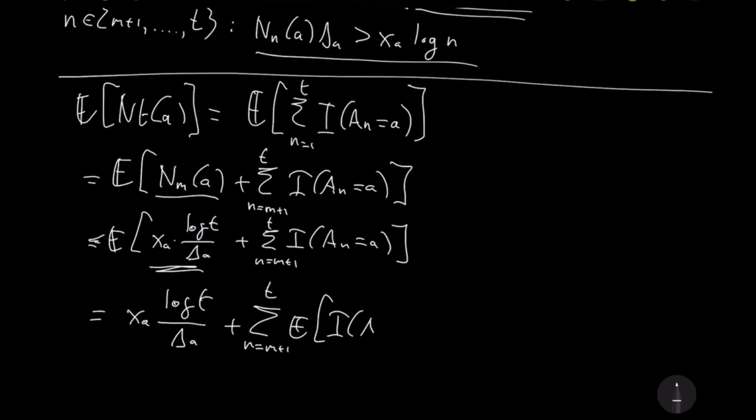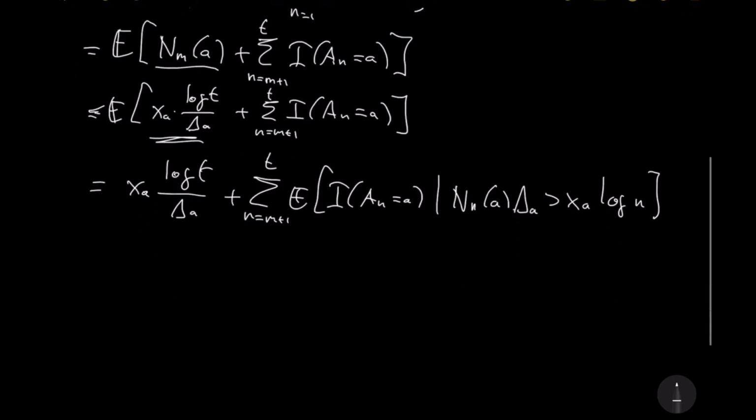The indicator that an is a. And we know that this is actually conditional, so let's be explicit about that now, on n being the time step beyond m, which means that we know that at these time steps, the count will be sufficiently large that this is true, and then we take it from there and we can see what will happen.